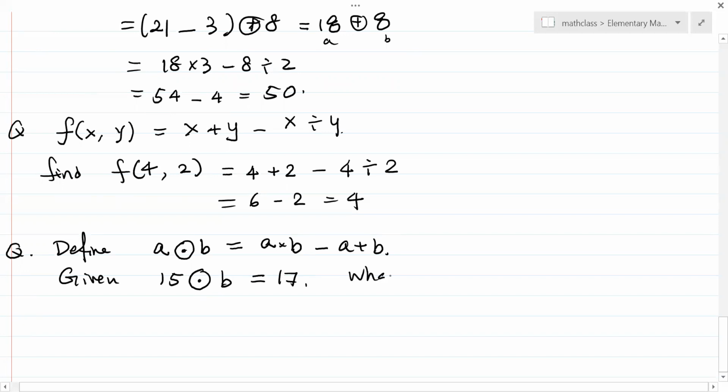So I want to figure out what is the B? Wow, this is an inverse problem. So you know the result, but you're trying to go back to figure out the number. Now, how to solve this problem?